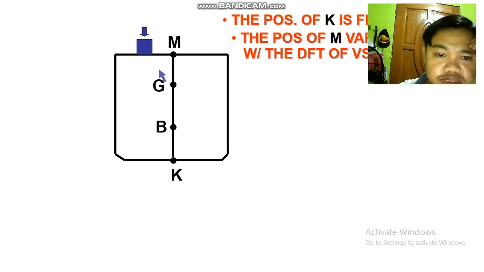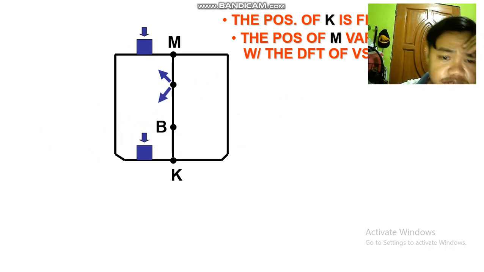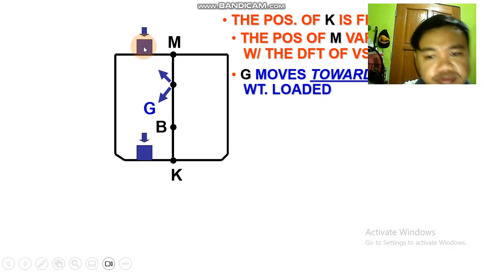Let's assume you have this cargo on top of your ship or on deck, and you are going to shift it to the lower side of your ship. What will happen is the center of gravity will tend to move downward, of course, because you have shifted a weight from above going down.